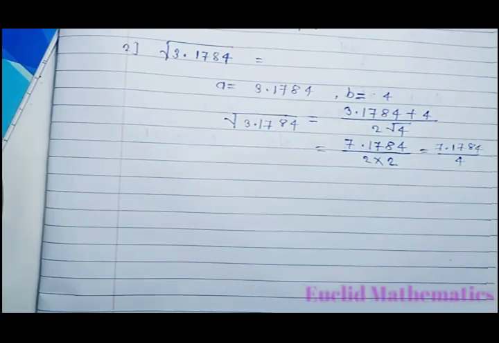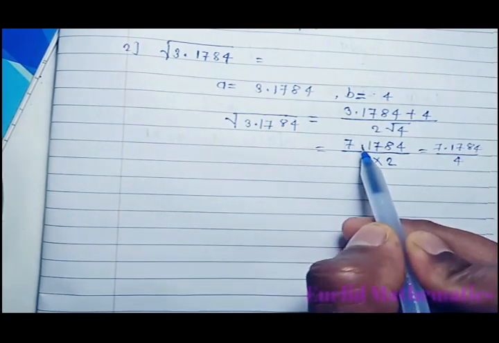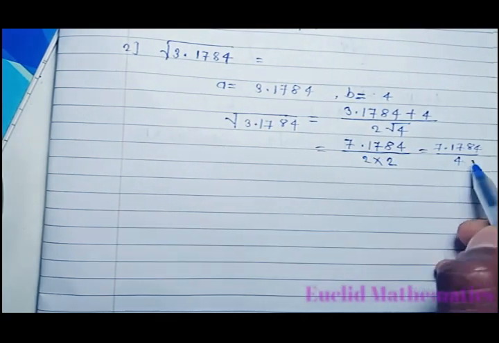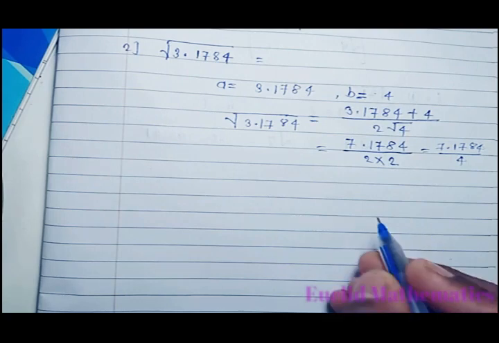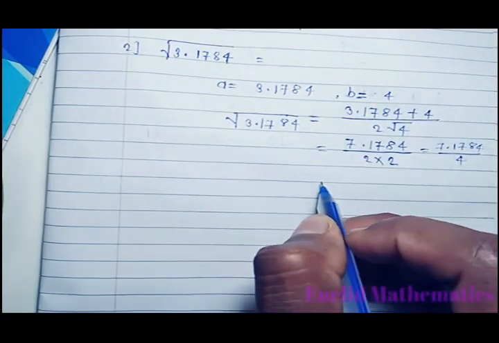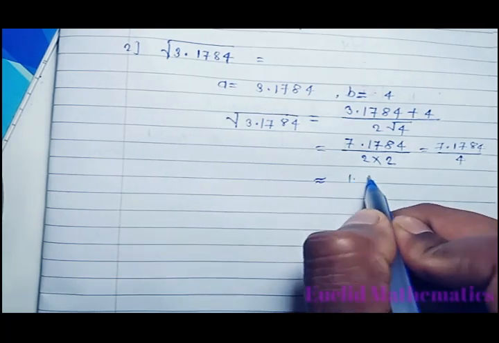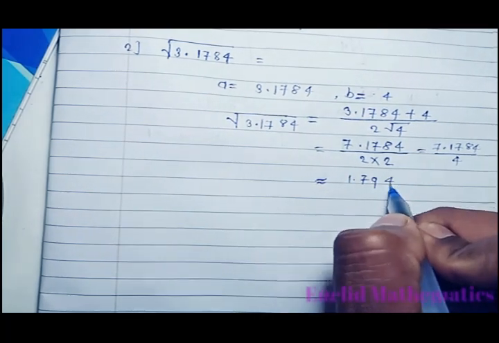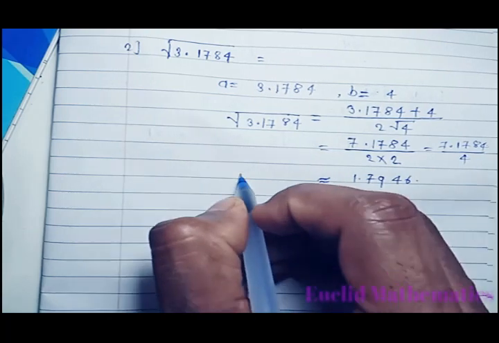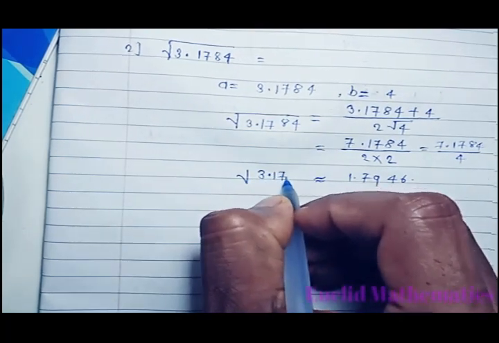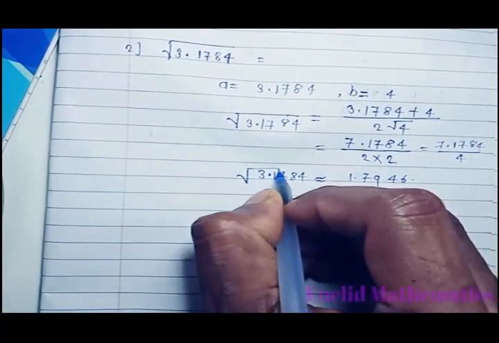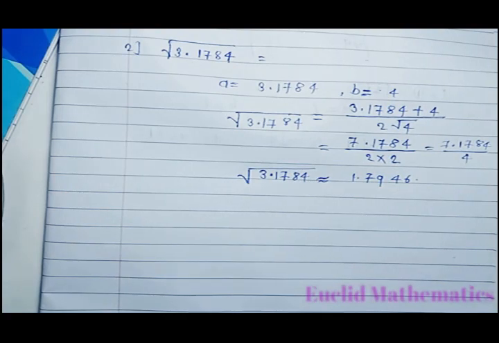That means the multiplication 2 into 2 is 4. So the numerator 7.1784 divided by 4 is quite easy to find. It comes to approximately 1.7946. So this is the square root of 3.1784.